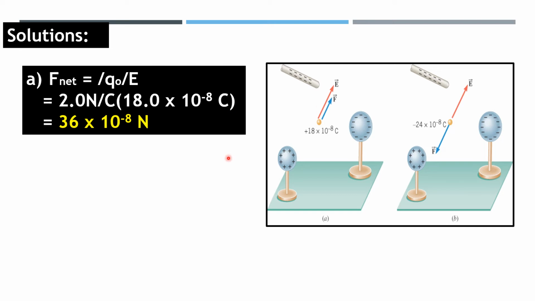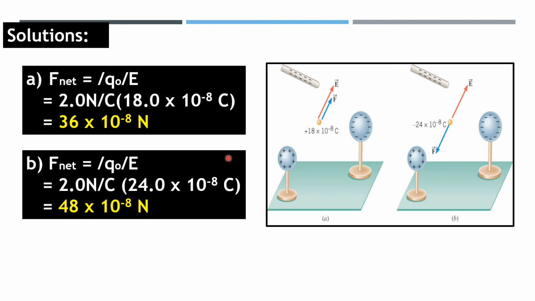Now, how about the letter B case, where the test charge is now changed to 24.0 times 10 to the negative 8 coulombs? Multiplying by the same electric field, we get 48 times 10 to the negative 8 Newton as the net force in case B. So the net force for the two cases is not the same, because for a constant electric field, the net force that a test charge experiences also depends on the amount of the test charge.